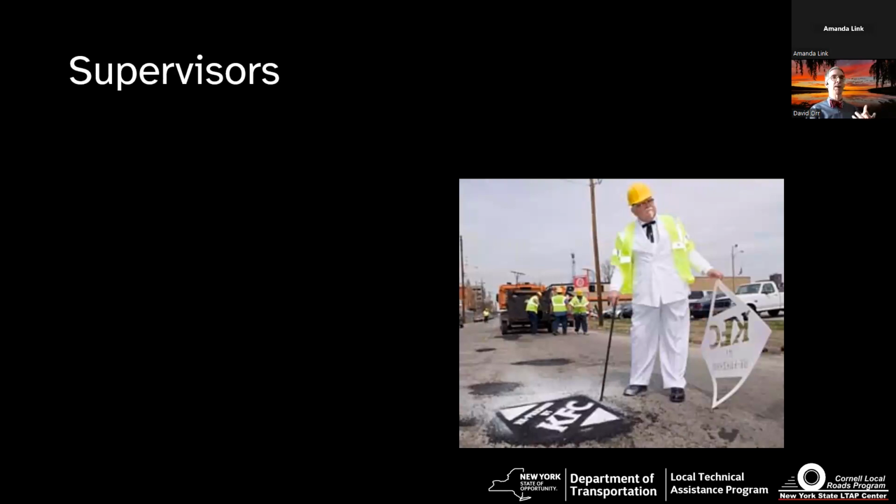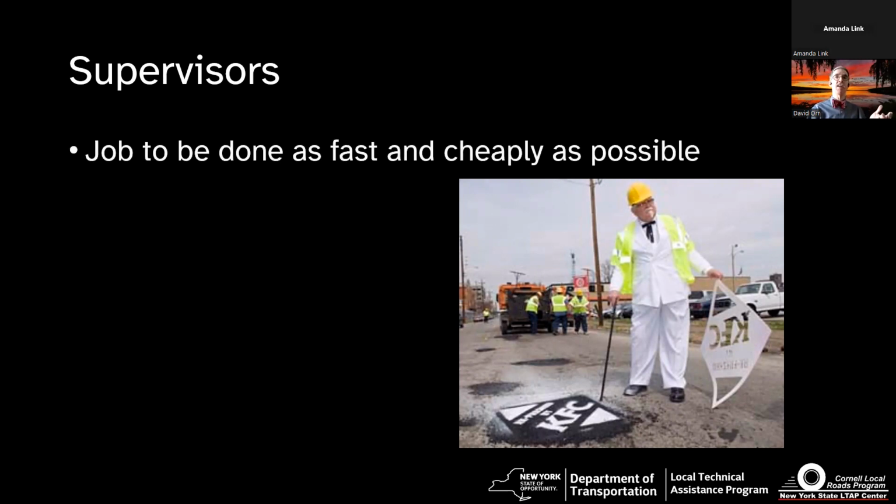Supervisors, their primary purpose, can't blame anybody, but let's be honest, get the job done as fast and cheaply as possible. If you actually think about it a little bit, a well-designed, safe, easy to understand work zone actually does the job better than just slapdashing something together, because then people don't know what they're doing and they actually take longer.